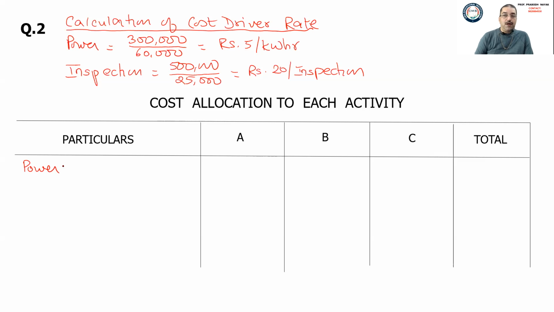Number of kilowatt hours consumed by A is 10,000. So 10,000 into 5, 50,000. Show the working. For B, we have consumed 25,000 hours, so 25,000 into 5.